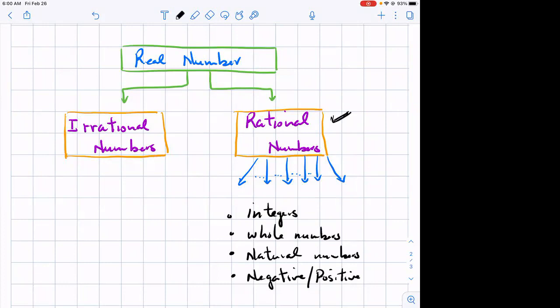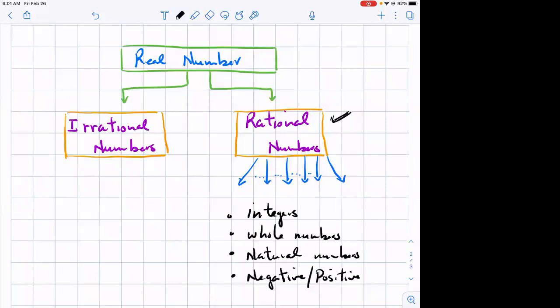And in addition, this is also a real number. Any number you can think of is considered to be a real number. The real number is like the heading for all of them.